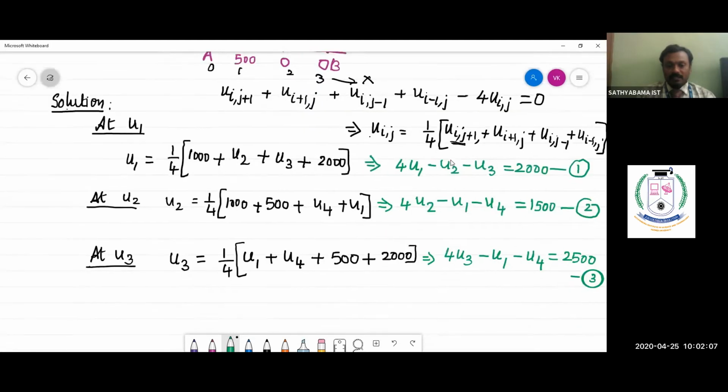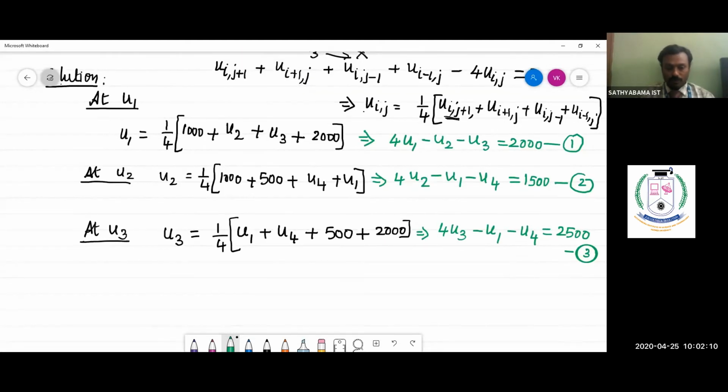Next, we take the point at u4. From the representation, u4 is equal to 1 by 4 into the point above u4, that is u2, plus the point to the right of u4, that is 0, plus the point to the left of u4, that is u3, plus the point below u4, that is 0.